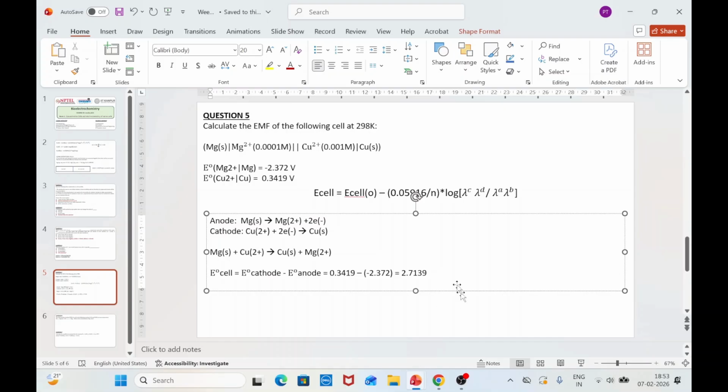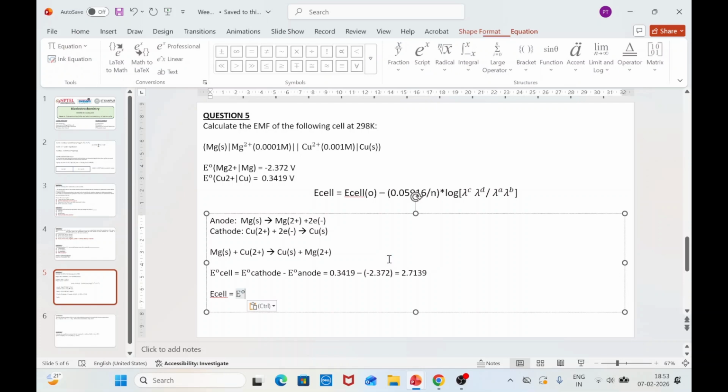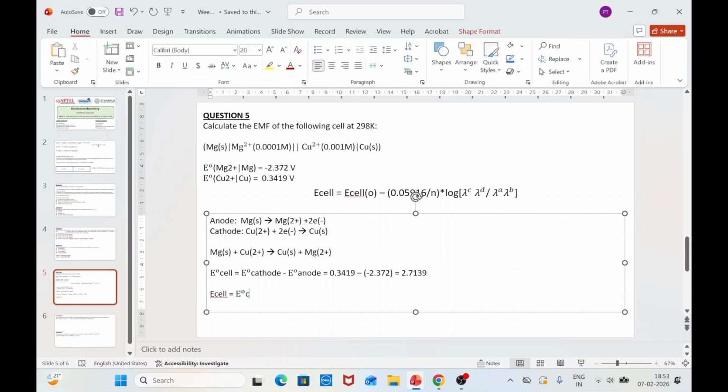Now E cell is E naught of cell minus 0.05916.